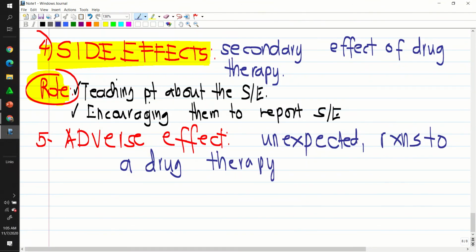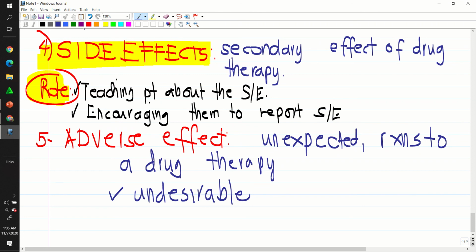They can be mild to severe, which includes anaphylaxis or cardiovascular collapse. Remember that adverse effects are always undesirable. Though they are unintentional and unexpected, they're always undesirable.